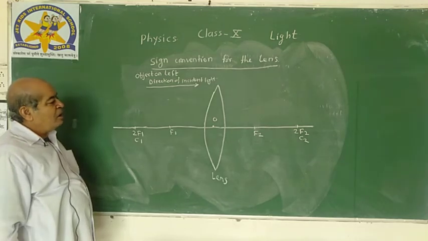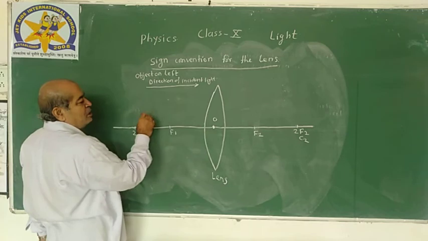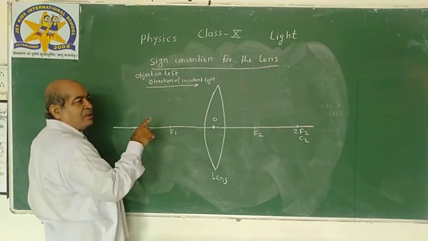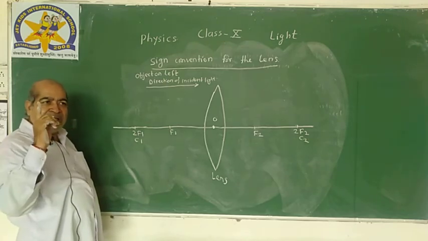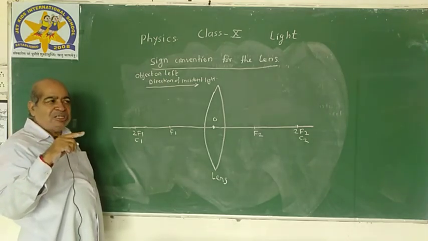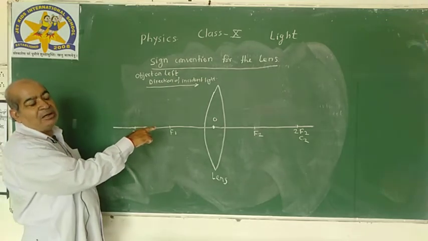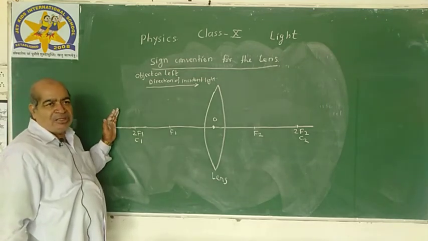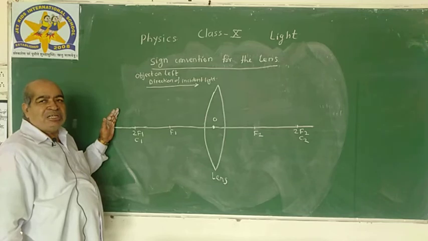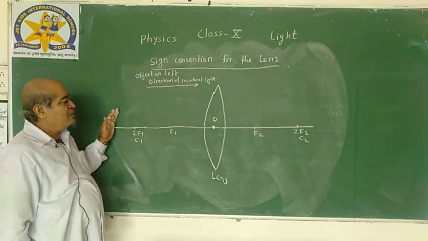Thus all the distances should be measured from the optical center of the lens. The second sign convention is, all the distances should be measured from the optical center of the lens.